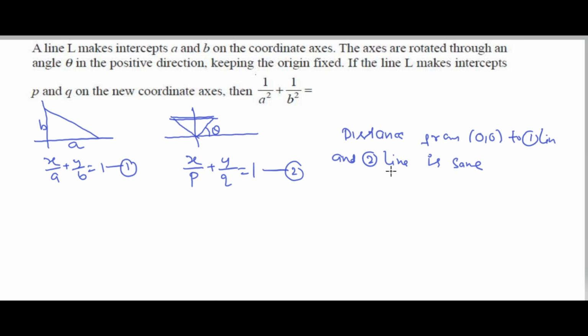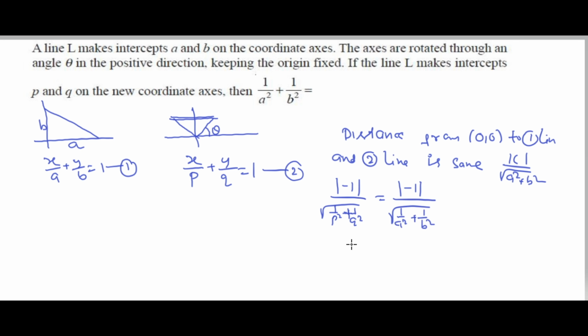The distance from the origin is mod c by root of a square plus b square. Here c value is minus 1, so minus 1 by under root of 1 by p square plus 1 by q square, that is equal to minus 1 by under root of 1 by a square plus 1 by b square.